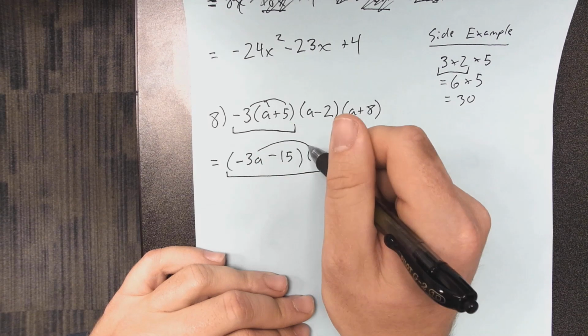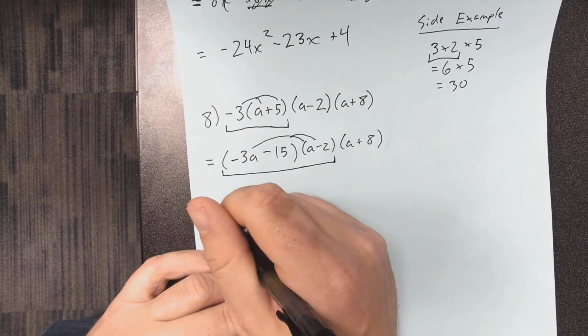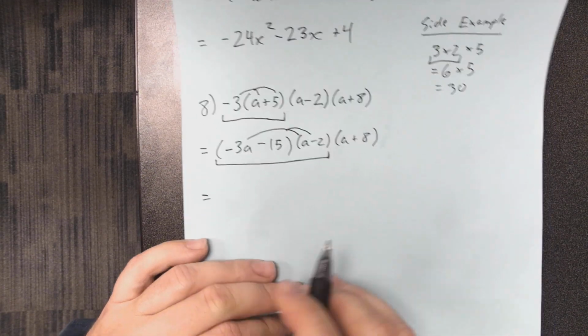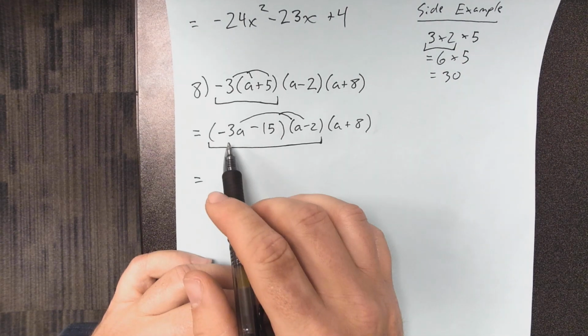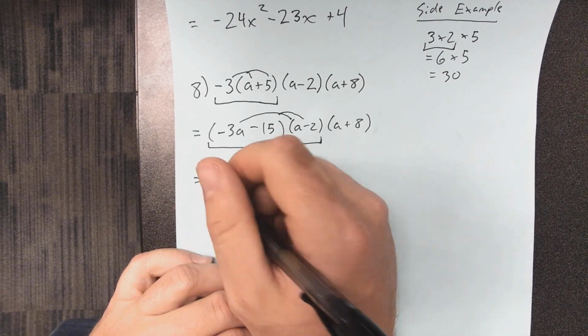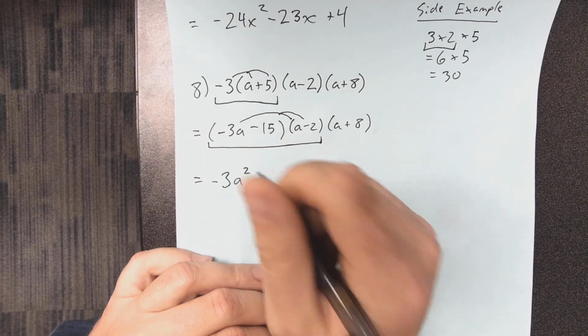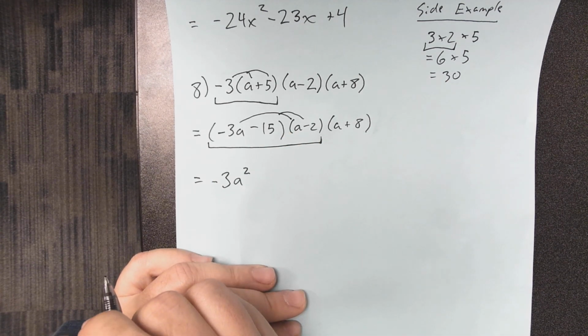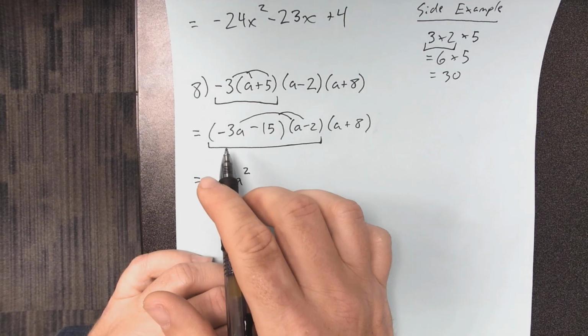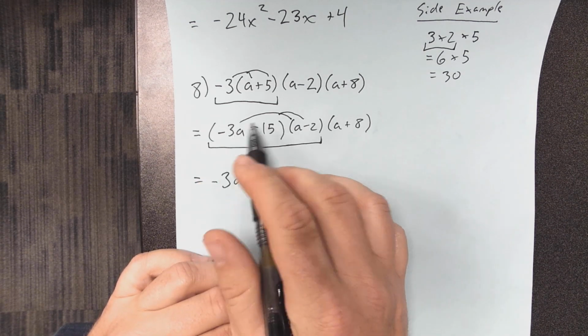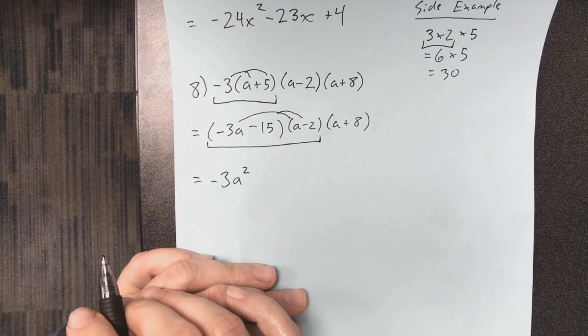So distribute the negative 3. That gives me negative 3a times a, which is negative 3a squared. And then I want you to do negative 3a times negative 2, making sure to distribute that negative 3a everywhere.